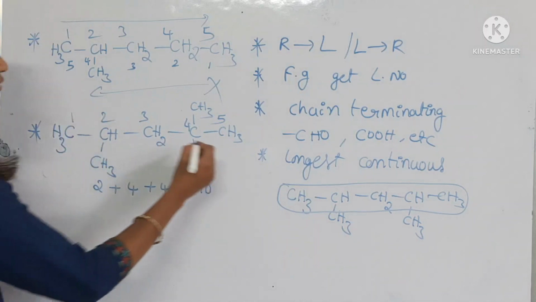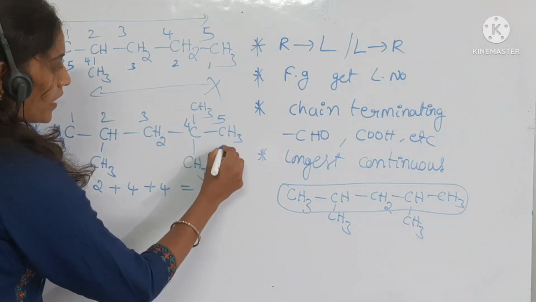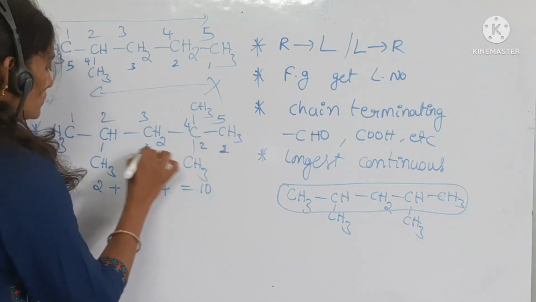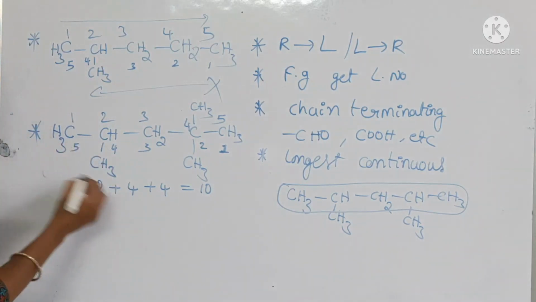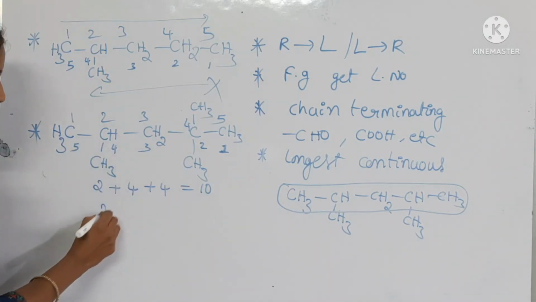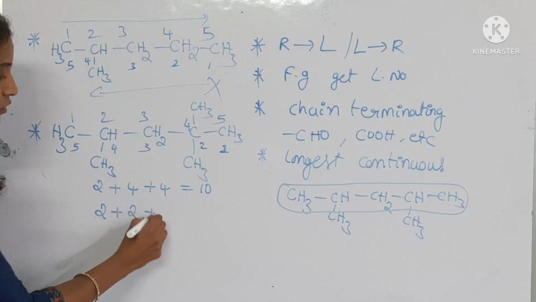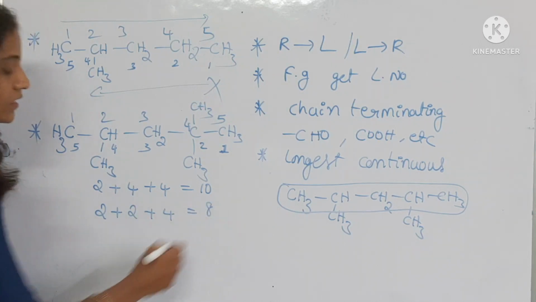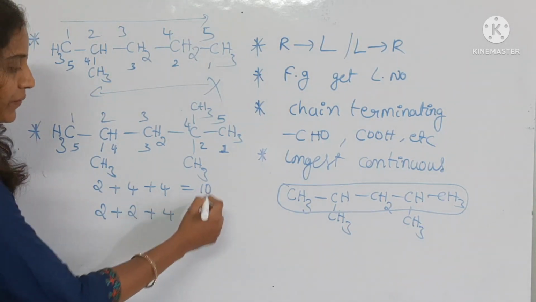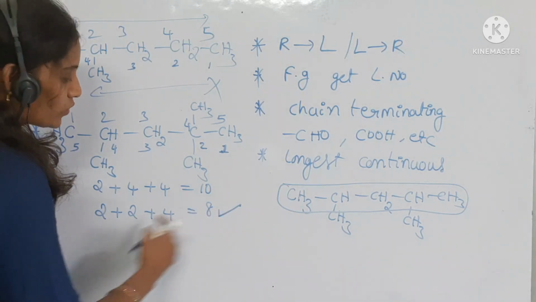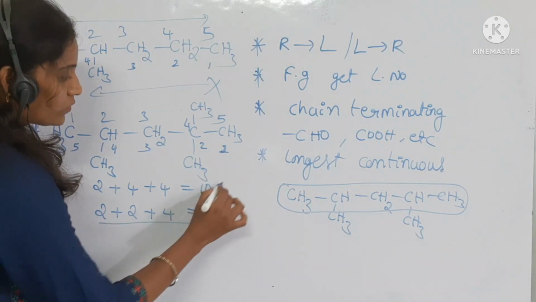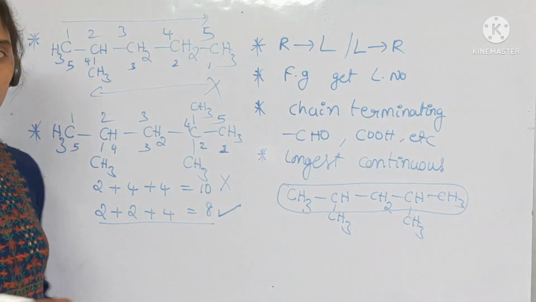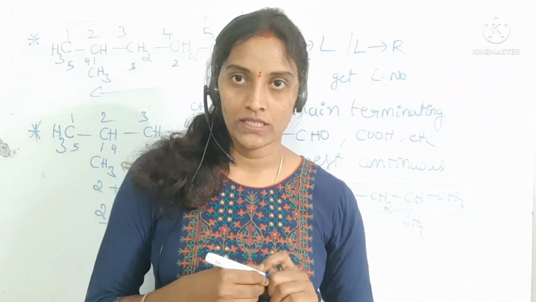If I give numbering from right to left, 1, 2, 3, 4, 5, then at the second position 2 substituents, so 2 plus 2, at the fourth position 1 substituent. It is 8. So when compared to 10, 8 is the lower one, so we need to follow this one. We should not follow the first one. Okay, this is about the lowest sum.